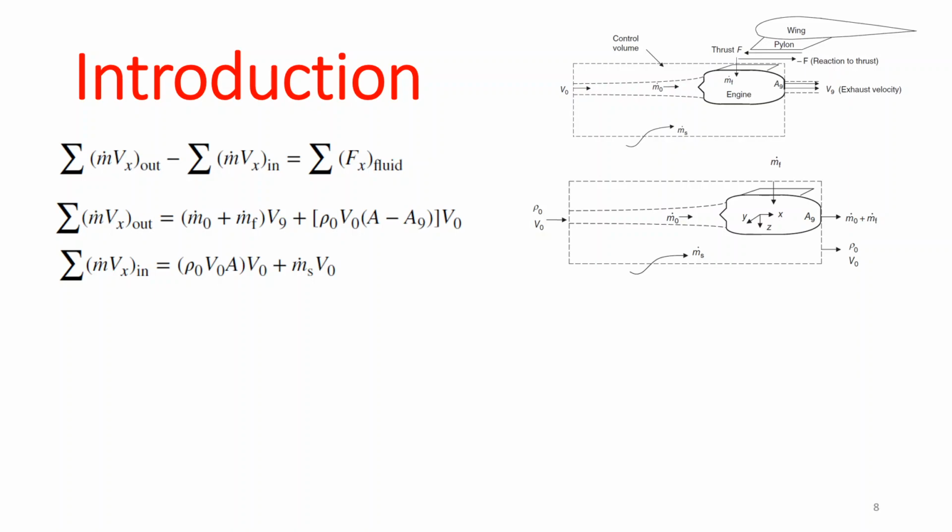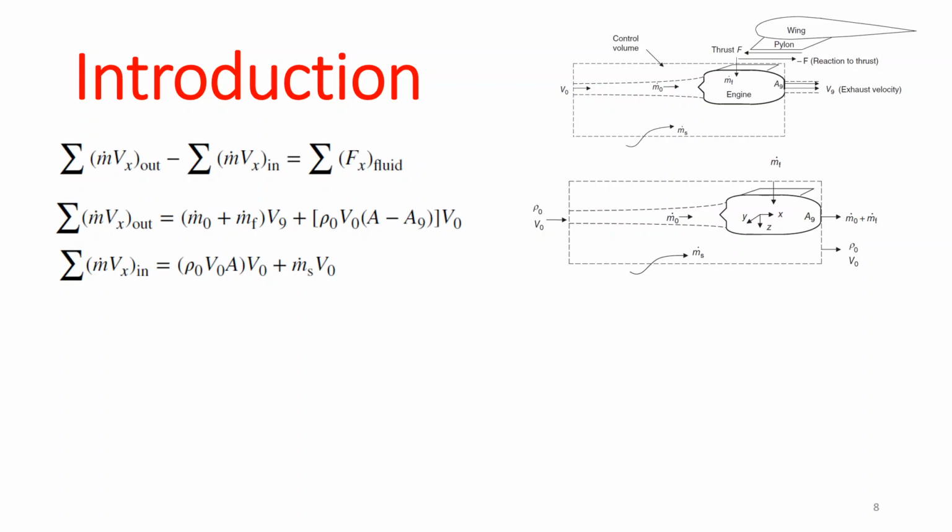And then what is the sum of forces that is going to be applied on this? What are the forces that are present here? If you recall, we had the pressure distribution.